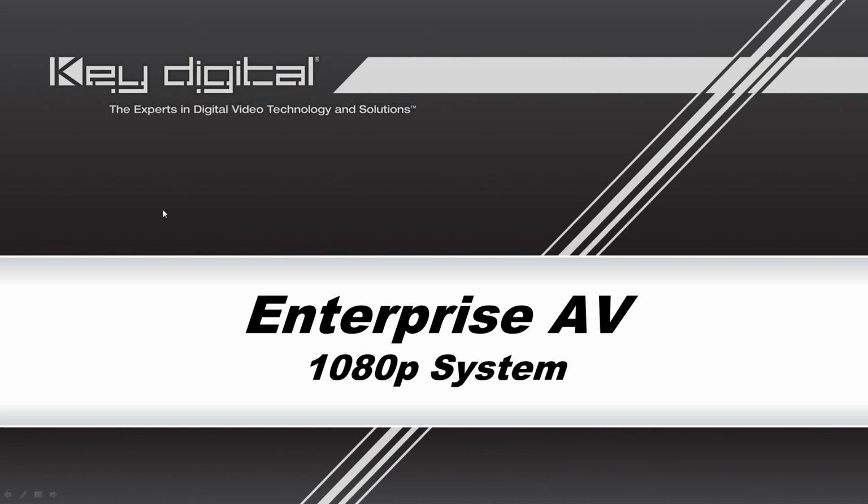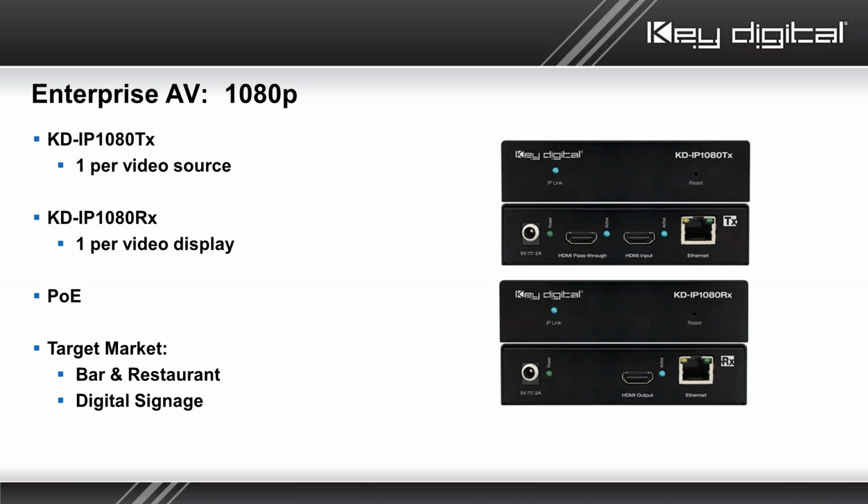But the webinar is not over yet because we just want to spend another quick few minutes on reminding you or introducing you to our 1080p enterprise AV products. They are the IP1080TX and the IP1080RX. They are PoE. So again, they have redundant power supplies, and it's a super simplistic system.